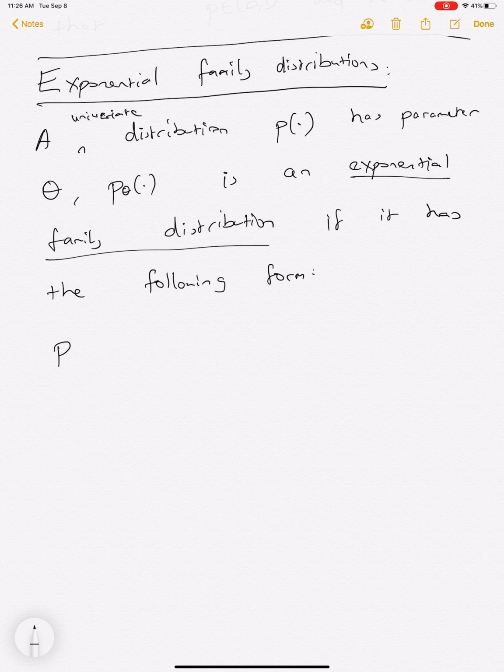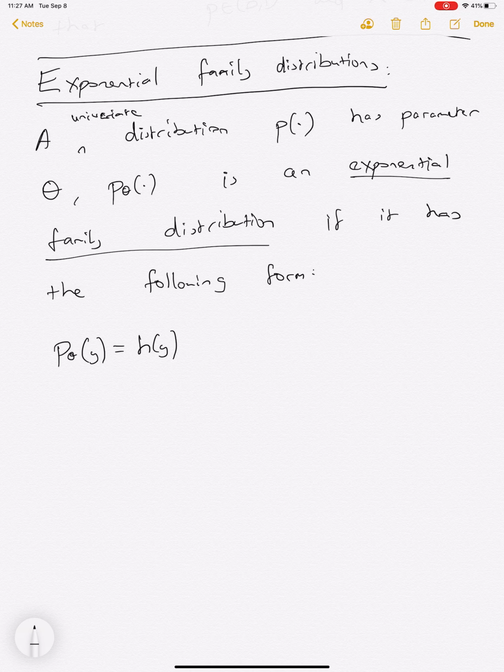This is one of those things where I'm going to write this out, and it's going to look potentially pretty mysterious if you haven't seen this before. We're going to write out the definition first, and over the next lecture or so, we're hopefully going to gain a lot more intuition about where these expressions come from and why this set of distributions is really powerful and useful, and we're going to see a lot of examples throughout.